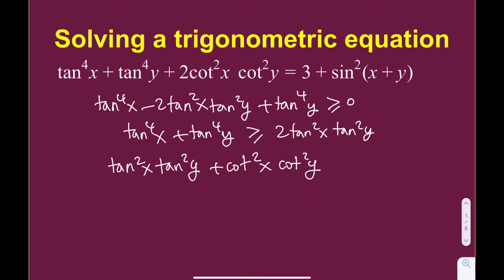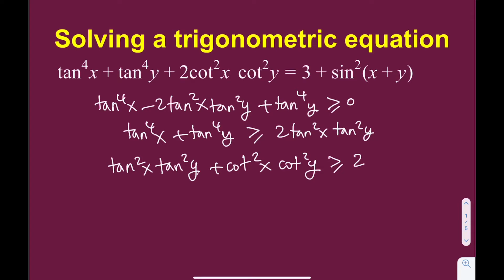Basically, I'm just writing something like a plus 1 over a, which we also know is greater than or equal to 2. Okay? So we're basically adding two positive reciprocals. They can only be equal if tangent squared x tangent squared y is equal to 1. Then the sum is going to equal 2. Okay? So now we're going to put these two together.